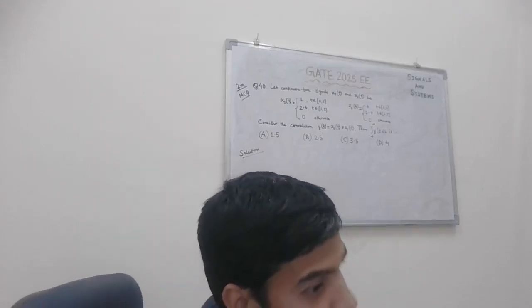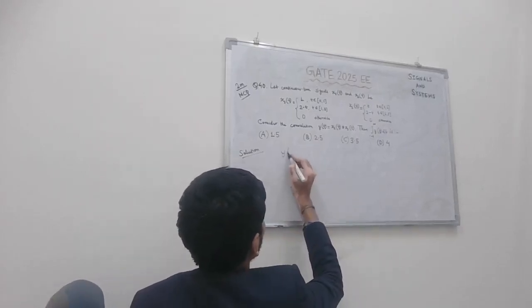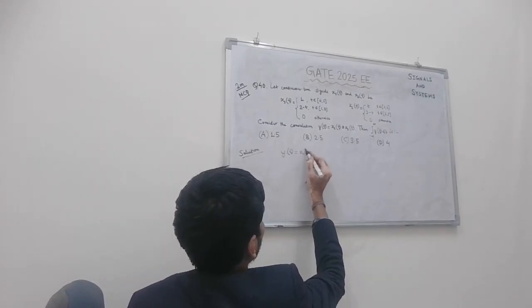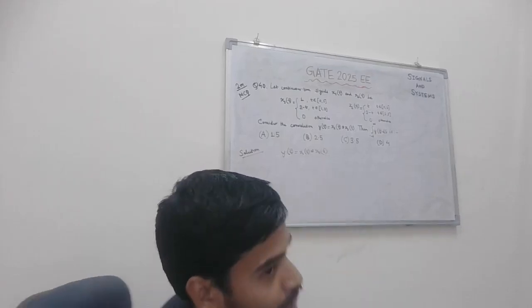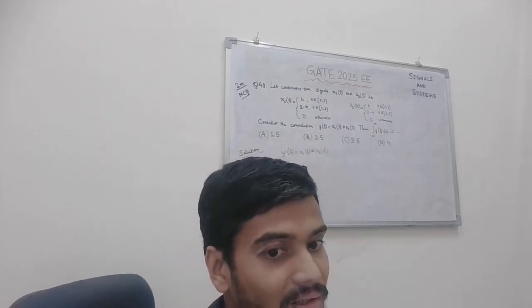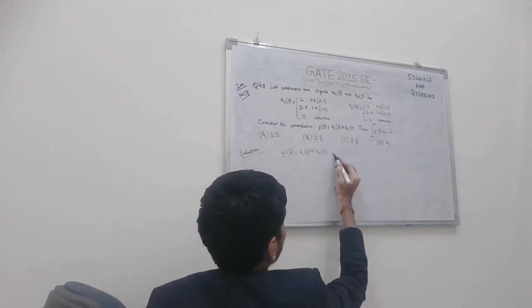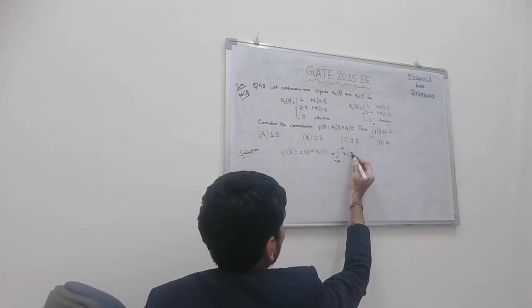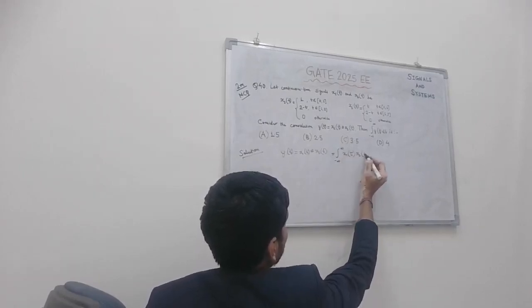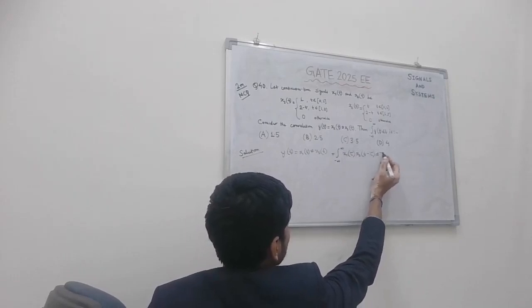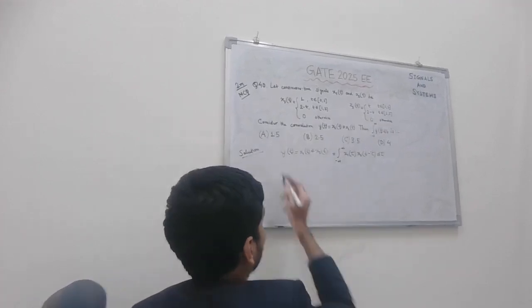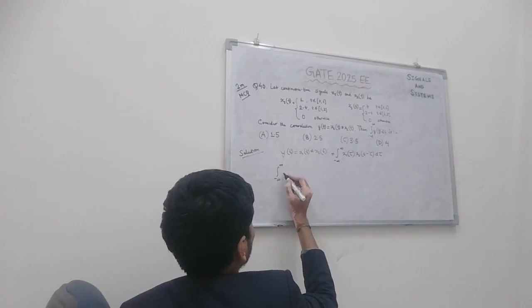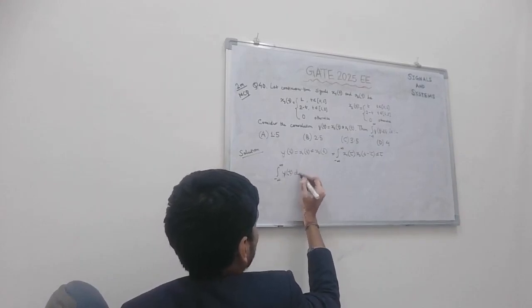Basically, y(t) is the convolution of two signals x1(t) and x2(t). We can write this in the time domain, using the integral form, as the integral from minus infinity to infinity of x1(τ) x2(t minus τ) dτ. Now we are required to find the integral from minus infinity to infinity of y(t) dt.